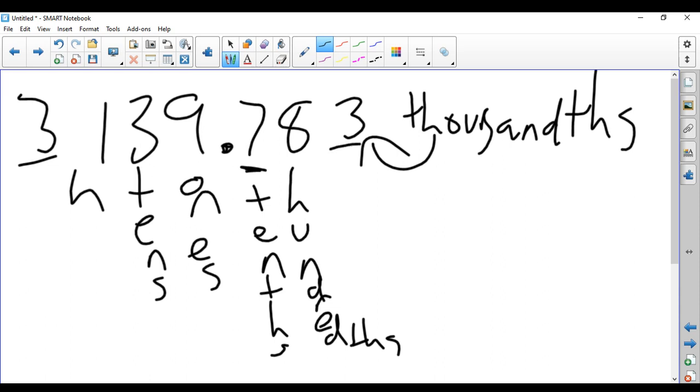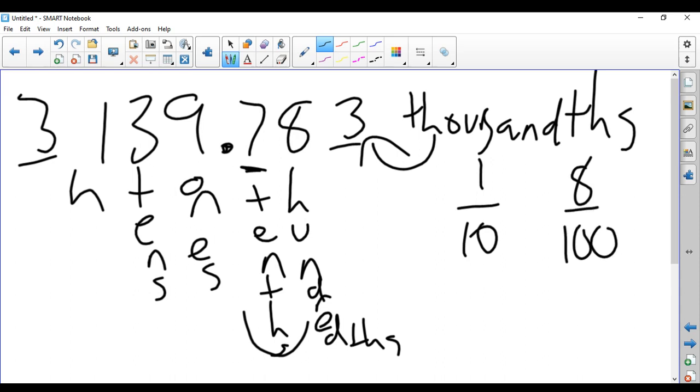Here I have 3 thousandths. The beauty of this is that you're probably familiar with some of these words because we use the same with our fractions. That is 1/10, like this one here. And if I said 8 out of 100, I could also say 8 hundredths. And if I said 3 out of 1,000, that is the same as saying 3 thousandths.